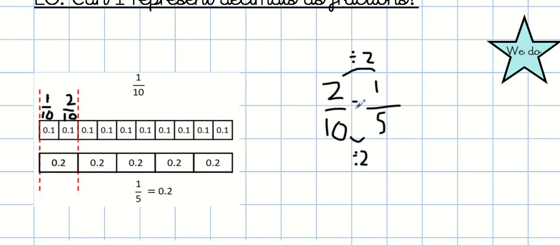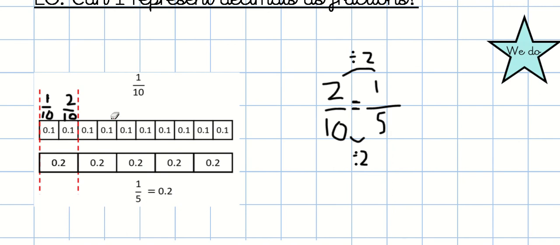So we know that 2/10 can be simplified to 1/5 as a fraction, and 1/5, the same as 2/10, is also the same as 0.2. So 1/5 is equal to 0.2.